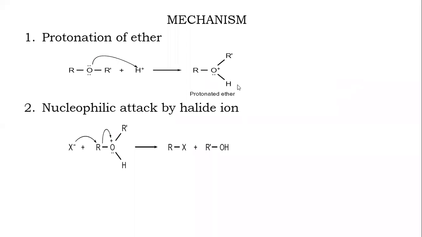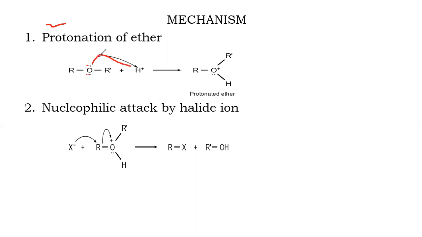So in simple steps, we can say the mechanism of the reaction takes place in two major steps. In the first step, protonation of ether takes place. The ether contains a lone pair on oxygen.